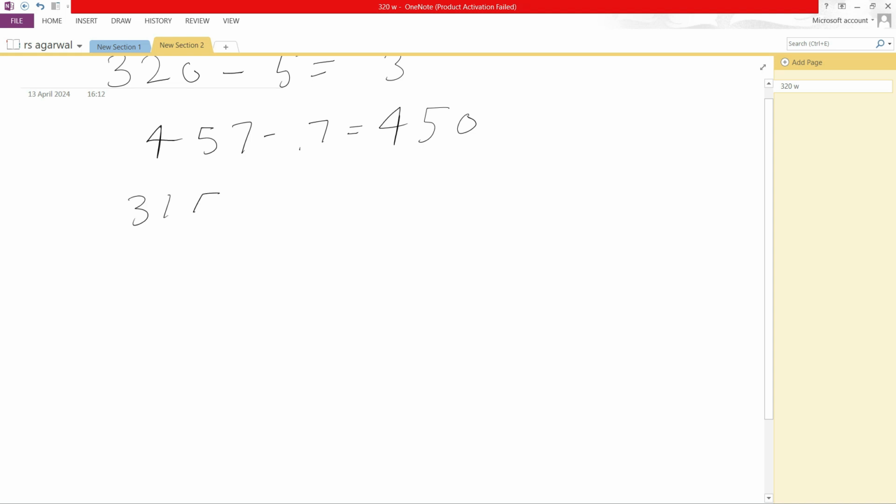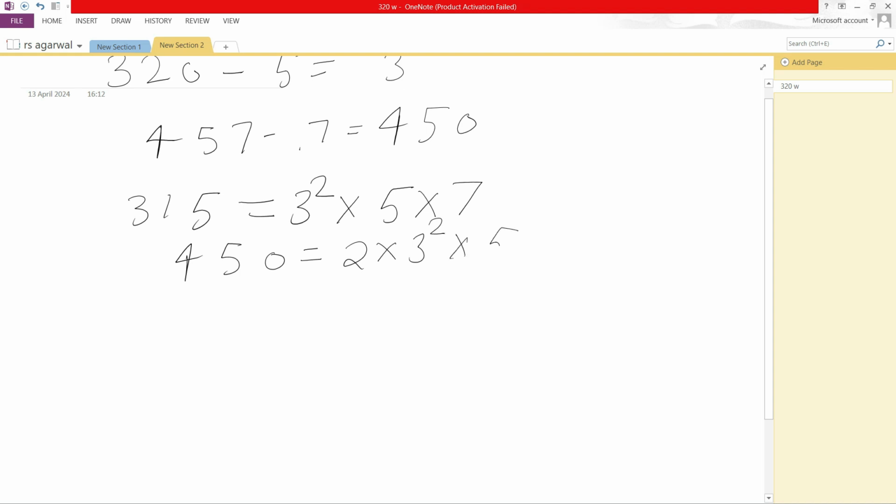So 315 equals 3 square into 5 into 7. After that, 450 equals 2 into 3 square into 5 square.